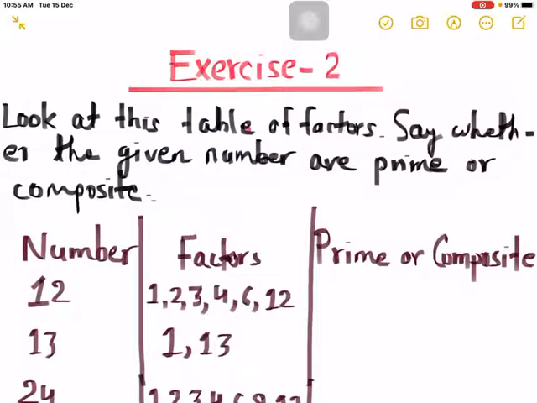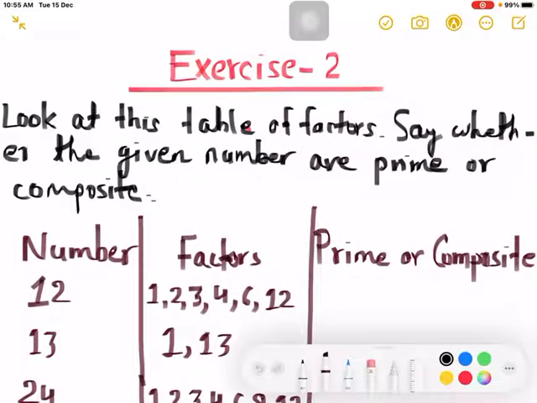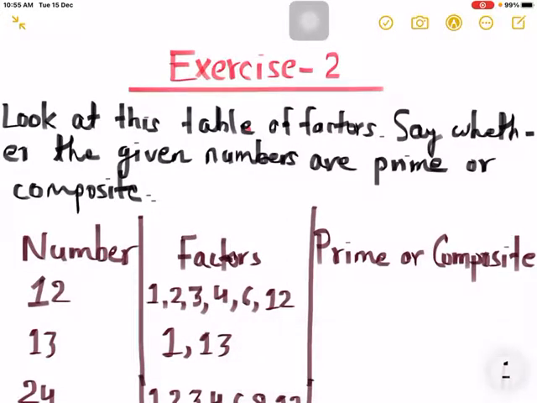Look at this table of factors. Say whether the given numbers are prime or composite. Now we have to identify.